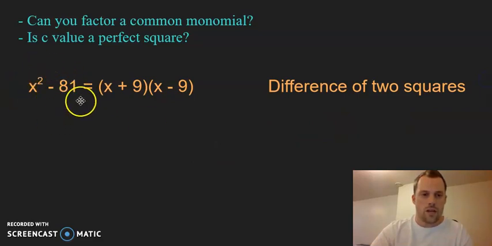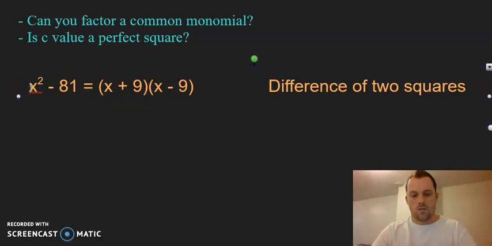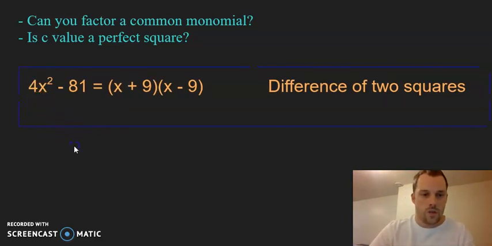Now you might see some variations of this. The a value doesn't have to be 1. We use this basic example and just expand it. So let's say we actually had 4x squared. Well, the 81 is still the same. We still have a positive and negative 9 here.